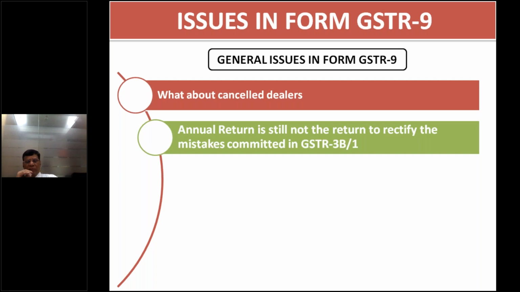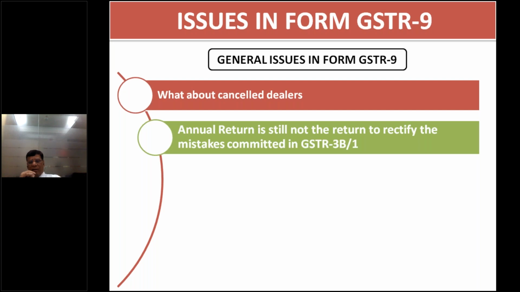All those claims cumulatively I have to declare in Form GSTR. So any kind of mistake, either on account of ITC or on account of outward supply, which is there in the books of accounts, and I want to declare them.